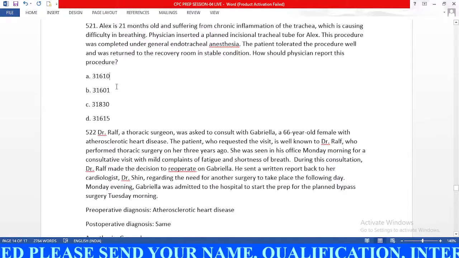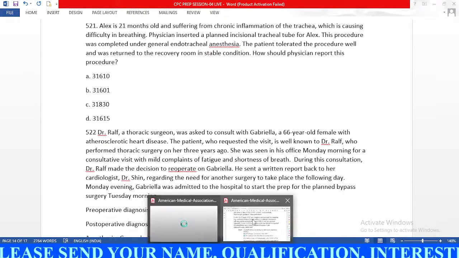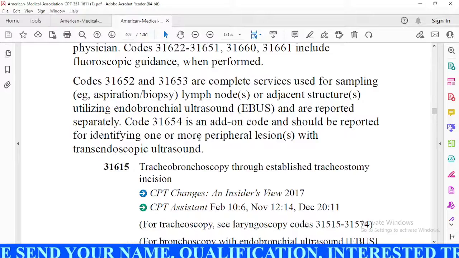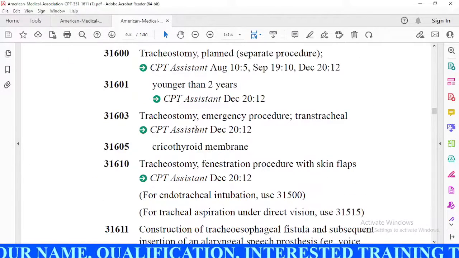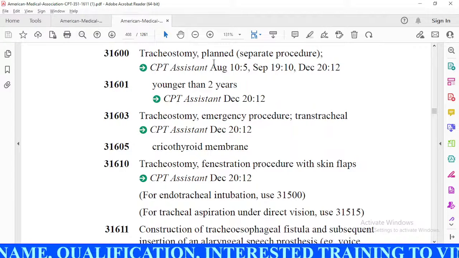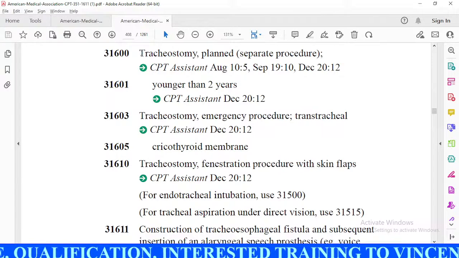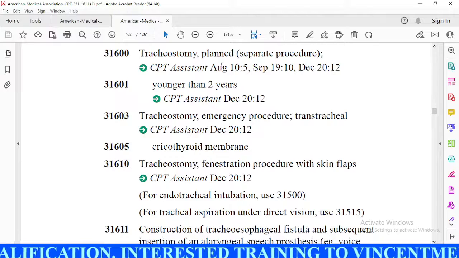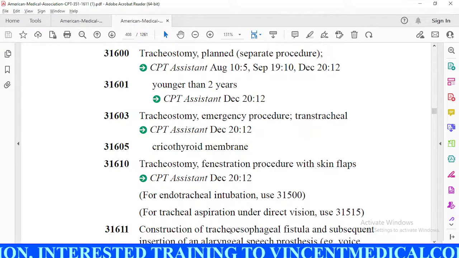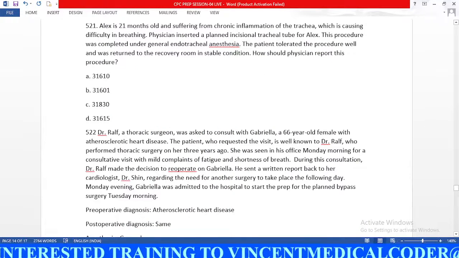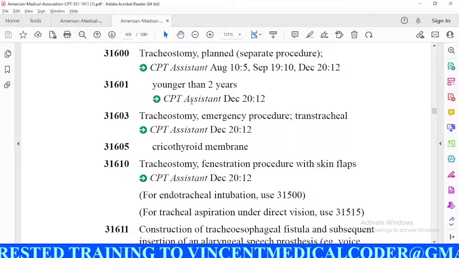Now we will check 31601. If we check 31601, tracheostomy planned. 31600 is tracheostomy planned, and 31601 is younger than 2 years. So in this question, what are the keywords we need to understand?